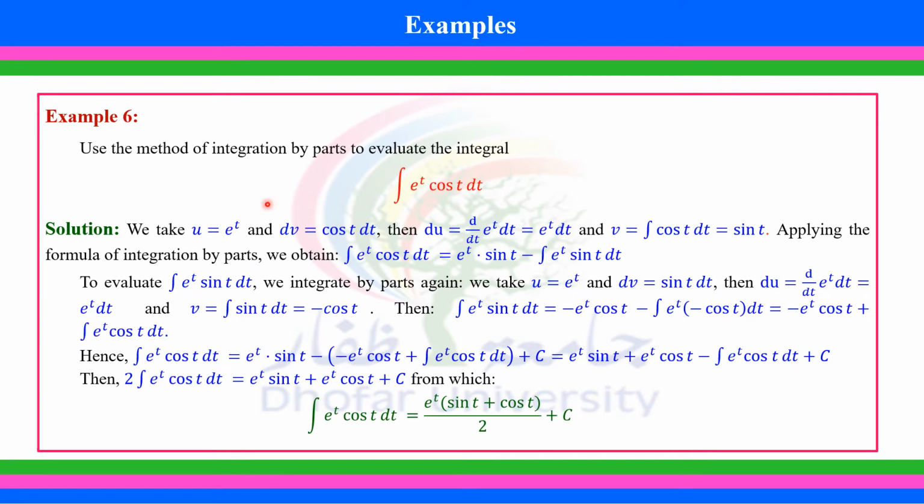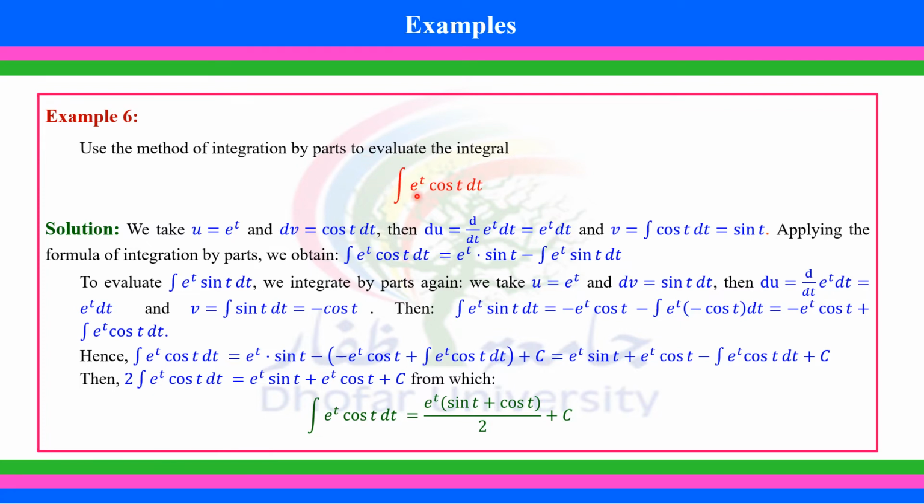In some kinds of integration problems, we might apply the method of integration by parts more than one time to obtain an answer for the integral. This is an example which shows that we shall use integration by parts twice to find the value of this integration.